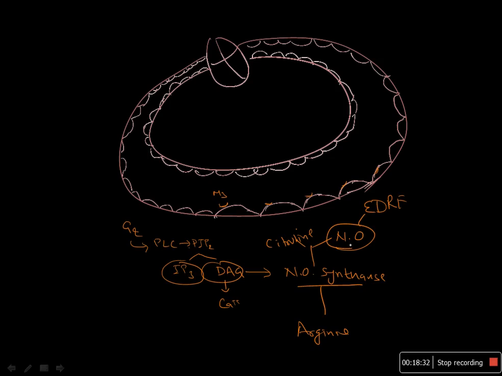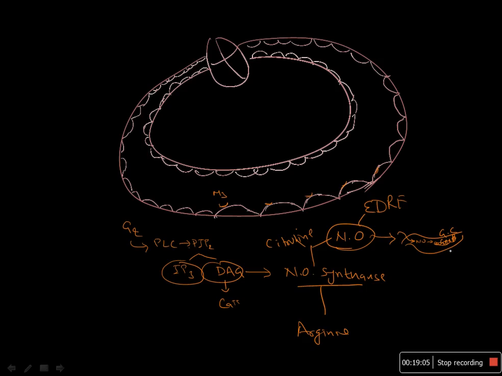Once this nitric oxide is formed, nitric oxide acts on the smooth muscles of the blood vessel. Let's see how. Let's suppose this is the smooth muscle. Nitric oxide would go inside the smooth muscle, and it would activate guanylyl cyclase.